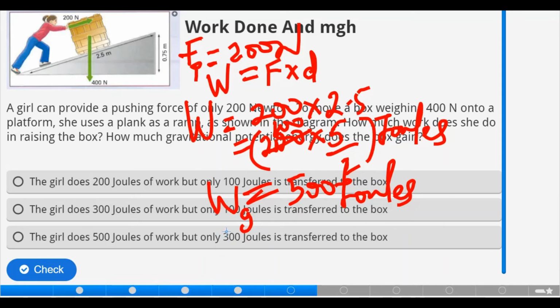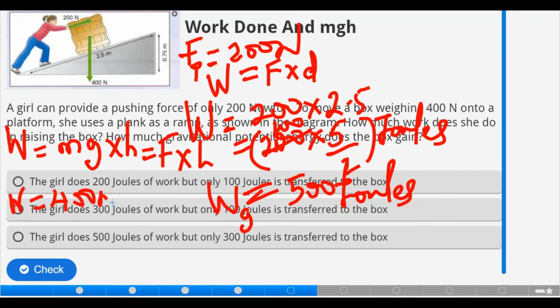Now, let's deal with the second question. How much gravitational potential energy does the box gain? We are dealing with W now, which is equal to mg times height, and that's the force required times height. With that, we have 400 newtons times the height, which is 0.75 meters. I can write 0.75 in fraction.